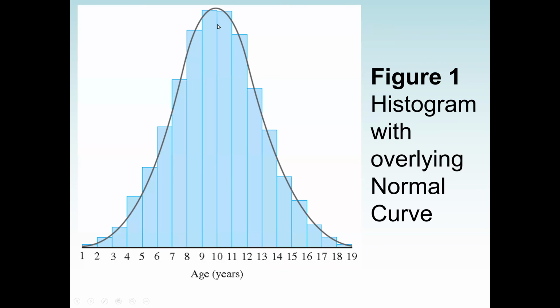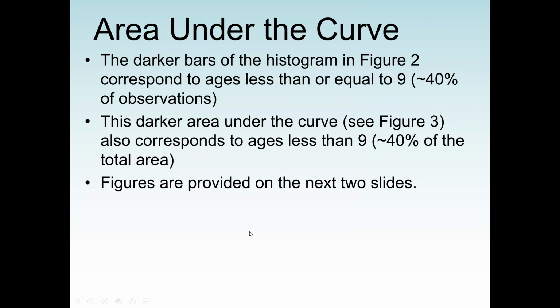So the graph or the shape will be symmetrical around the mean. And also the total area under that curve is 1. This is more or less a probability value. Probability values are from 0 to 1. So here we say the area under the curve.